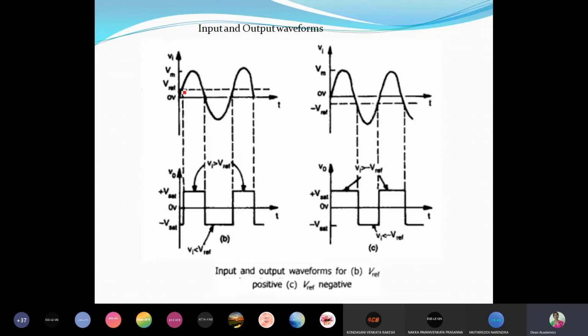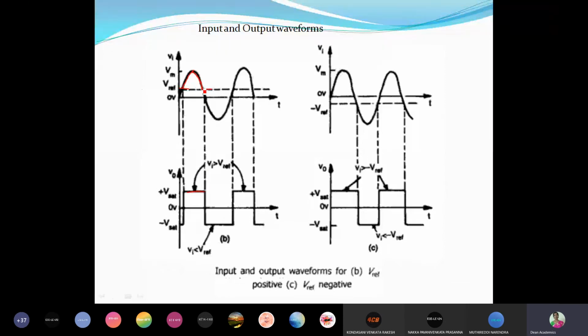Now if Vin is greater than the reference voltage, the output will be forced to plus VSAT.